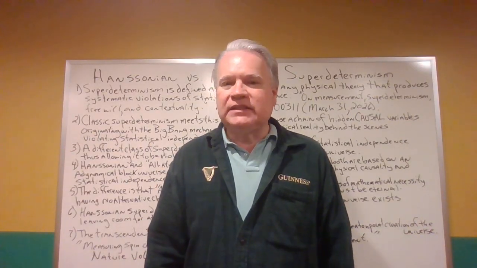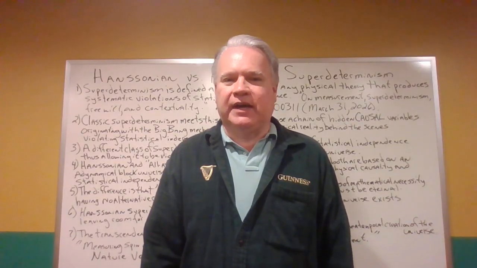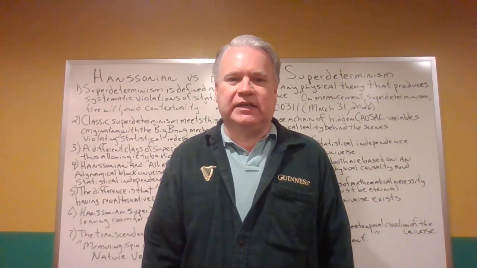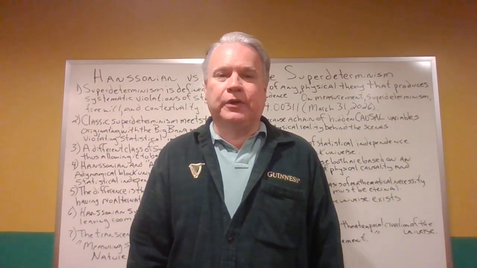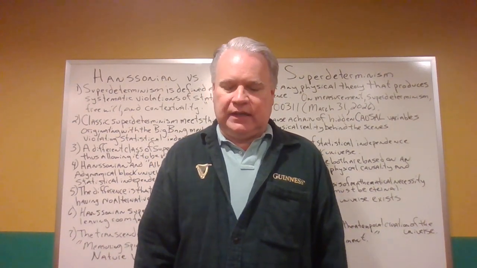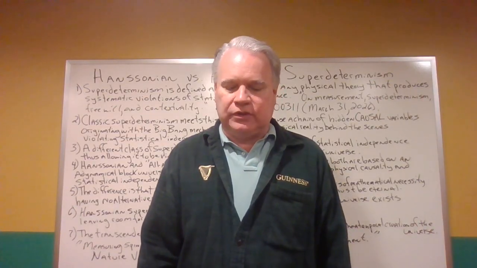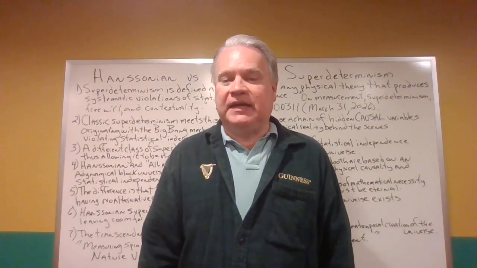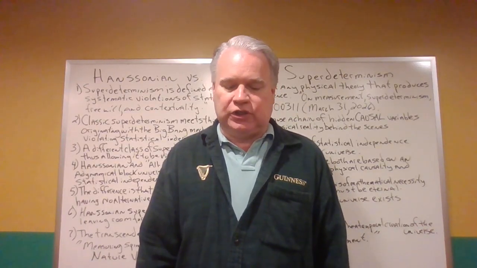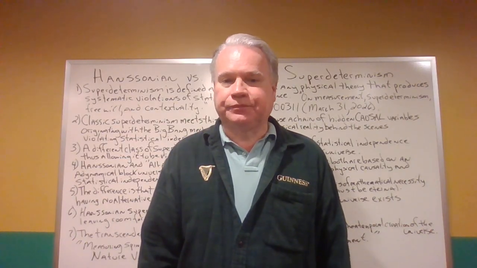So, classic superdeterminism, which was first posited by Dr. John Bell in 1985, meets this definition of superdeterminism because it claims a chain of hidden causal variables originating with the Big Bang that mechanically orchestrates physical reality behind the scenes, violating statistical independence.